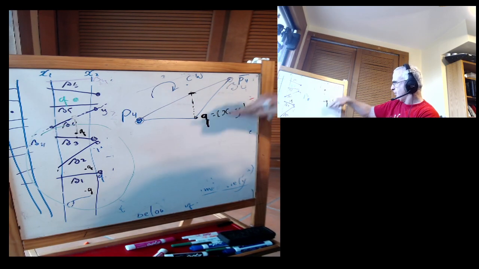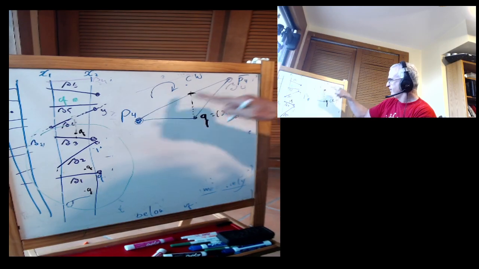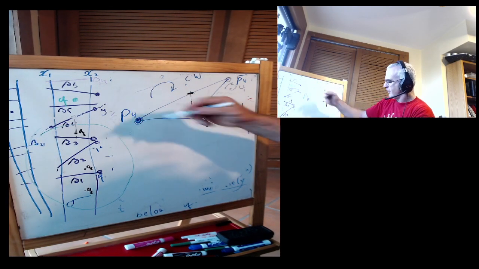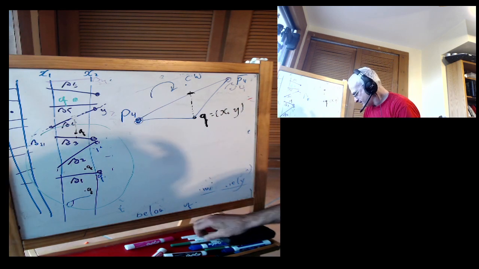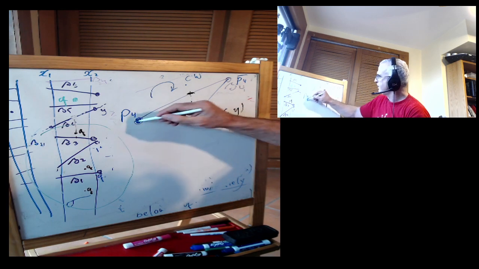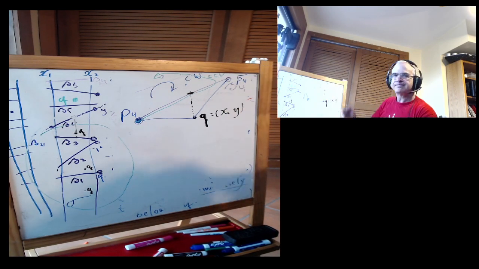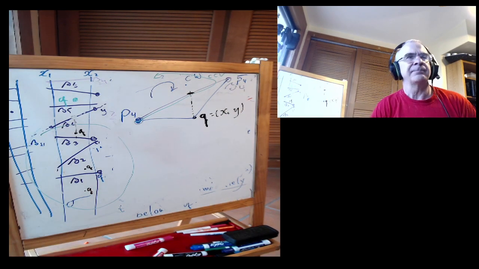Clockwise if I'm going from P4 to P4 prime to Q, and if Q was above, then you would have gone counterclockwise. Right? That's another way to ask above or below.